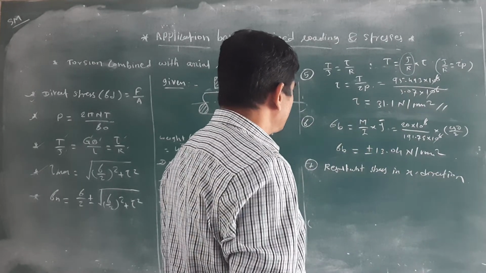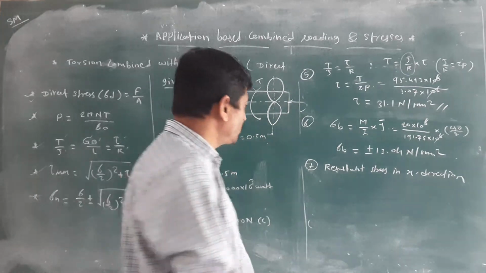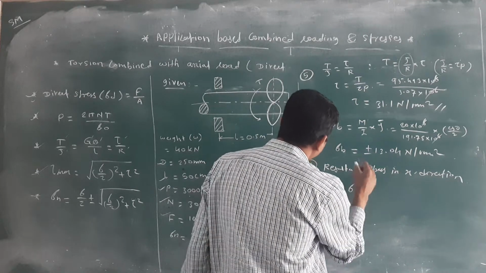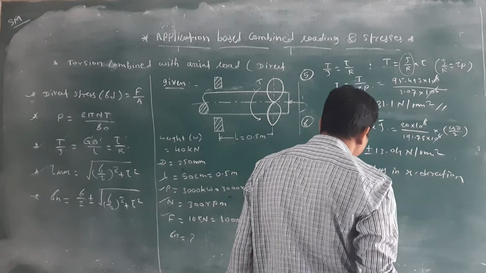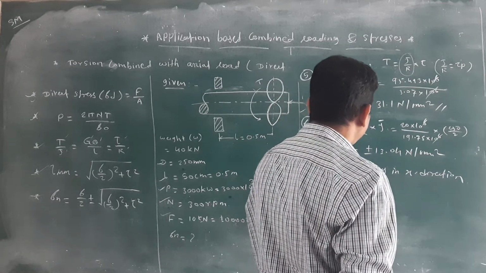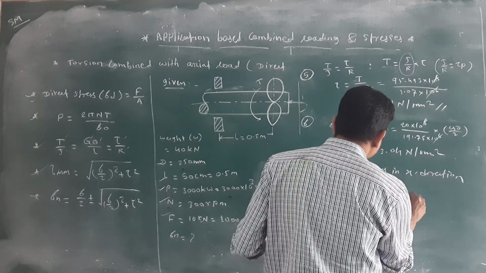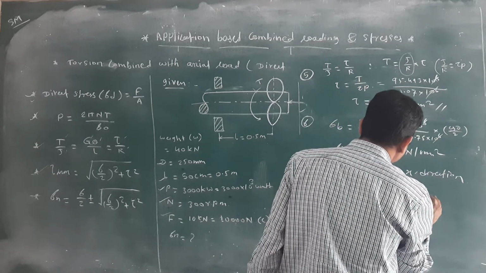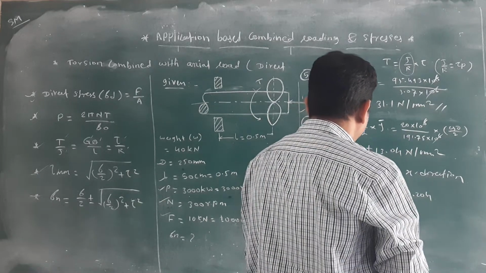When you calculate the resultant stress in x direction, sigma x is equal to sigma d plus or minus sigma b. What is the value of sigma d? We have already calculated that sigma d is negative because of compressive force, minus 0.204 Newton per mm square. This is the sigma d value.